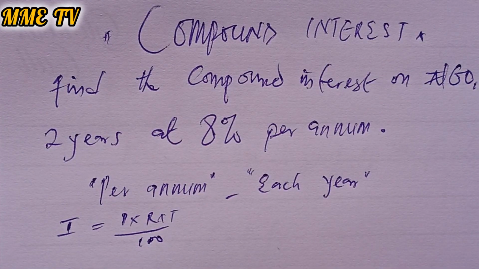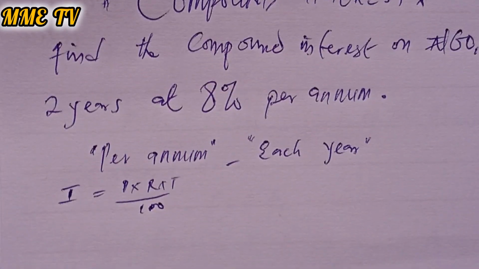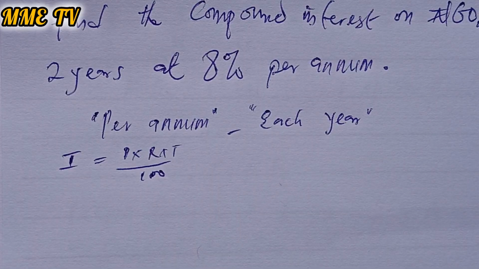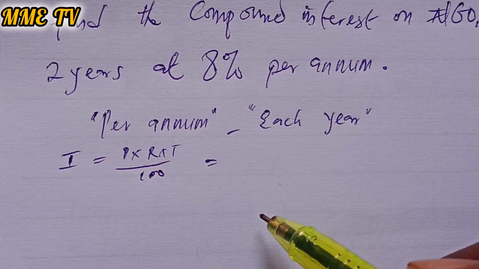I hope you remember that. If solving simple interest is principal times rate times time all over 100, the same pattern is employed in solving compound interest.